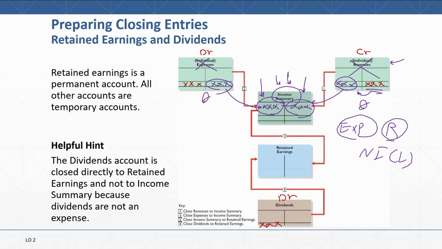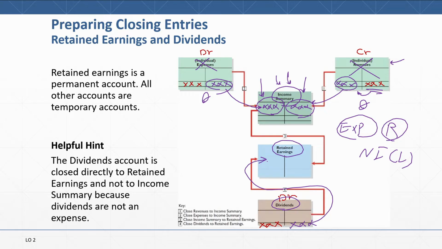Then whatever side is bigger, the difference goes to the retained earnings account and remains there. That's how we close our expenses and revenues. We use the same approach to close dividends, the only difference being that we do not use the intermediary account of income summary. The dividends balance will be closed directly to retained earnings.